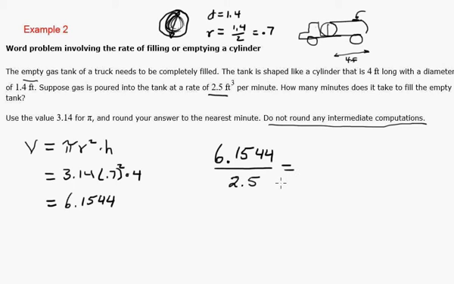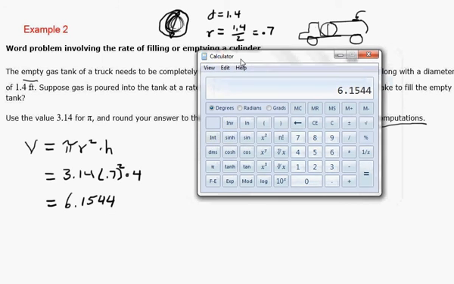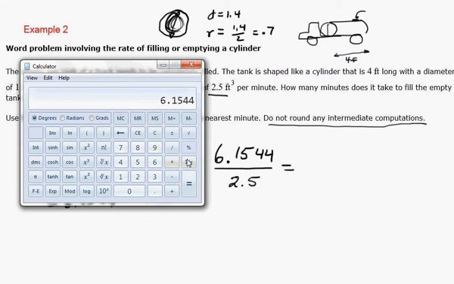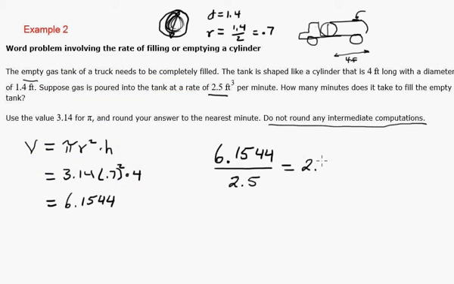We're just going to divide, because we can put 2.5 cubic feet in in 1 minute. So we get 6.1544 divided by 2.5, and that equals 2.46 something. They say round to the nearest minute.